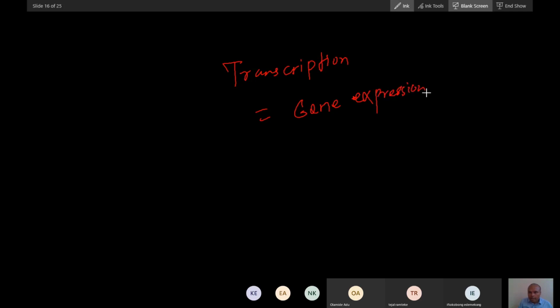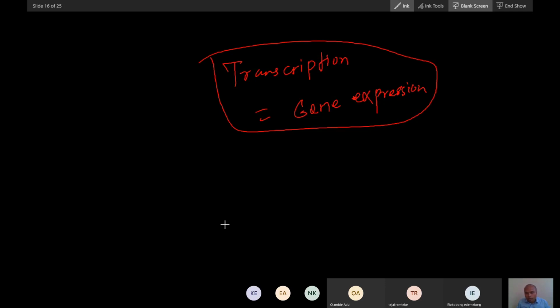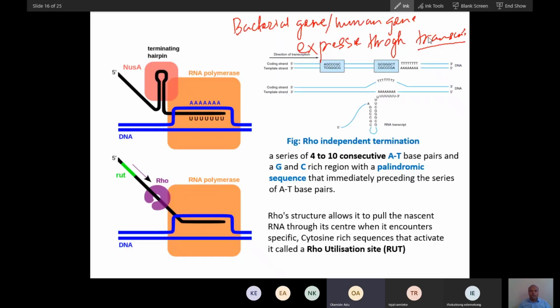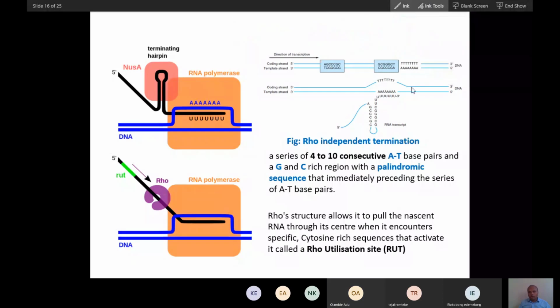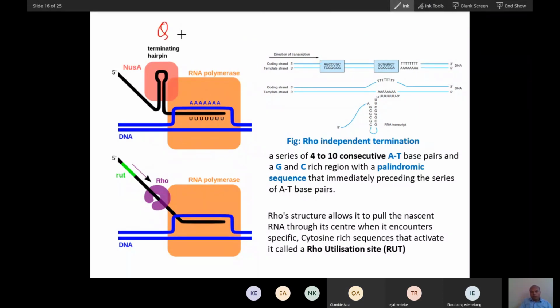Okay, did you understand this? Transcription means gene expression. How does a gene present itself? Through RNA, mRNA. If mRNA is synthesized, it will synthesize protein. So transcription means gene expression. Will you memorize this? This is a very important concept. So this is one question. Which of the following processes is a process of gene expression?